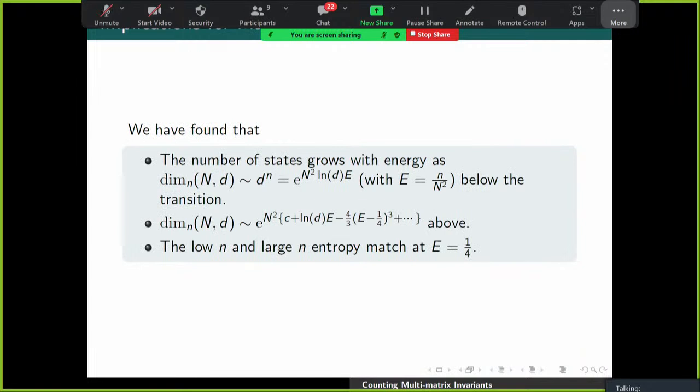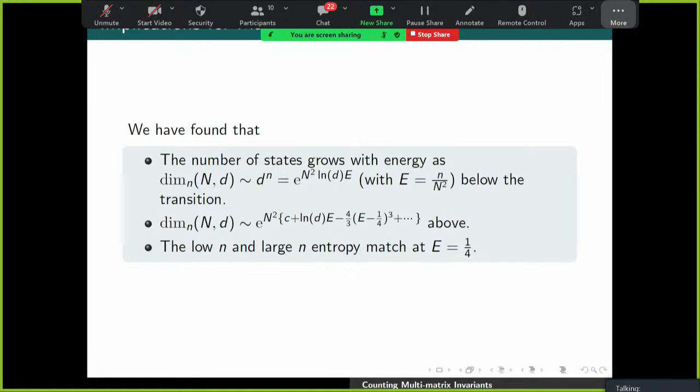And then I'm just summarizing what we found here. The dimension grows exponentially as e to the n squared log d of e below the transition. And above the transition, we get this n squared with some, as written there, and the low term, and we've matched that at e equal to 1/4.